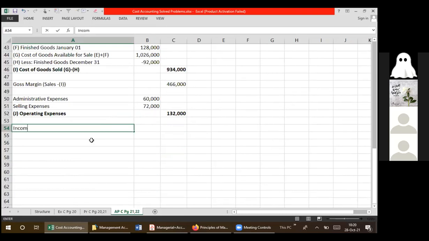Income from operations is 466 minus 132. So 334,000, that's our total income.